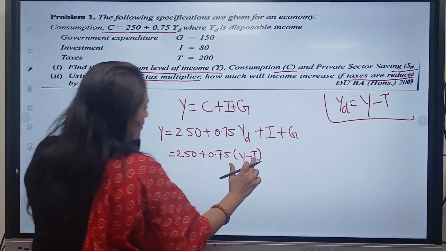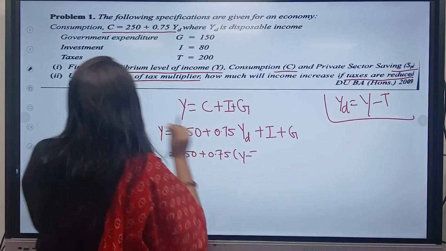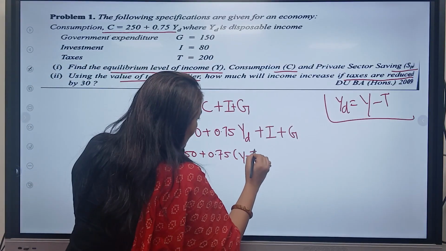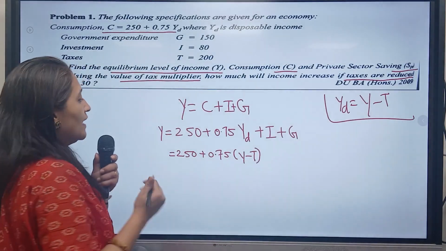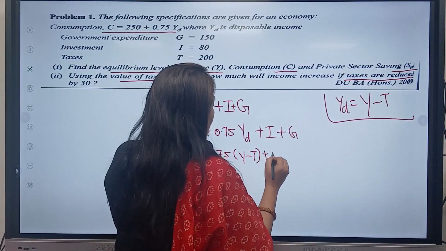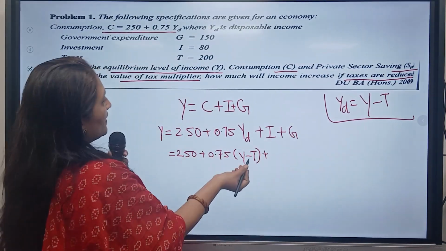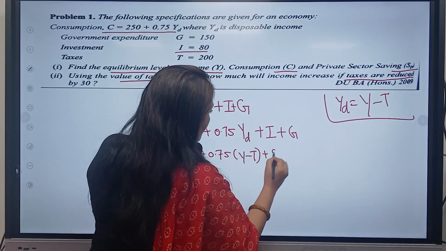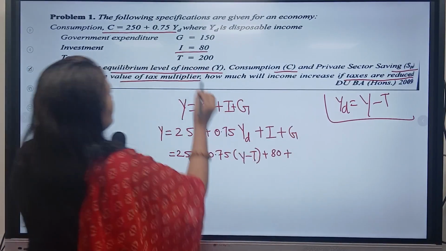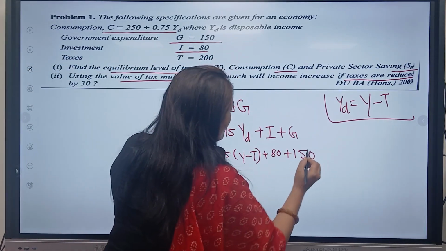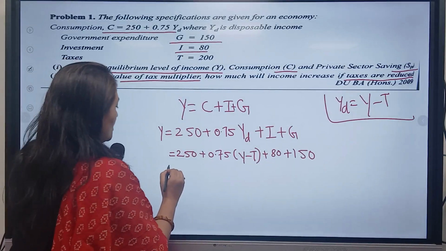We are required to calculate it, and we can do that because we have been given the value of T and the income is to be found out, and that's why we can write it as Y minus T, plus I as it is. So let's replace the value of I here. I is given as 80, and G is given as 150. These are all in rupees crores.